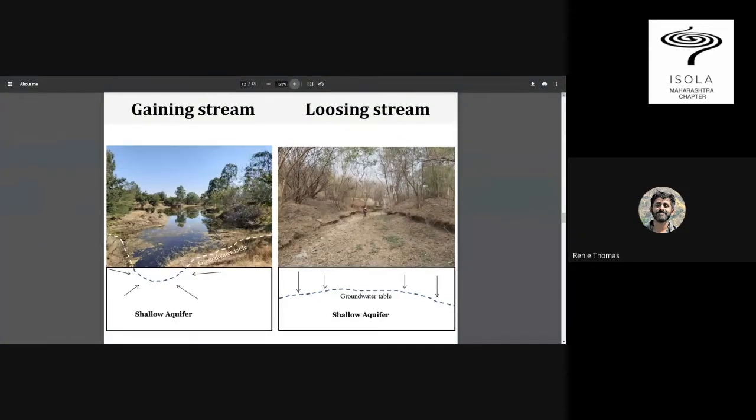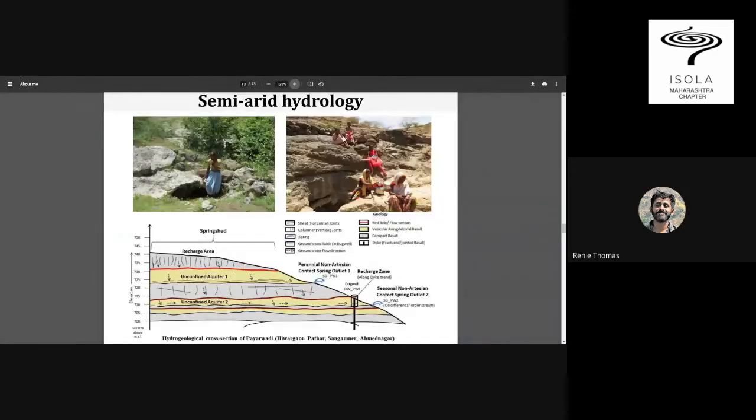To the right, the stream is dry, and whatever water was held up in the alluvial stream bed is now moving down into the shallow aquifer. So the water table is dipping, whereas on the left-hand side, the rocks or aquifers on the sides of the stream are still holding water and slowly releasing it into the stream. That's why, even in May, there is water still held in this stream.